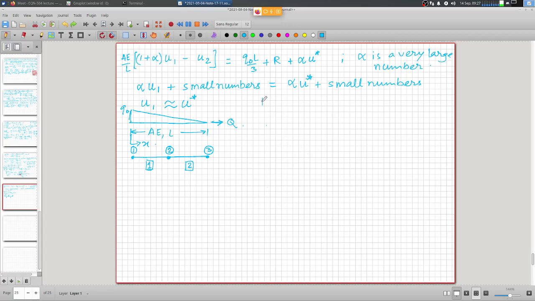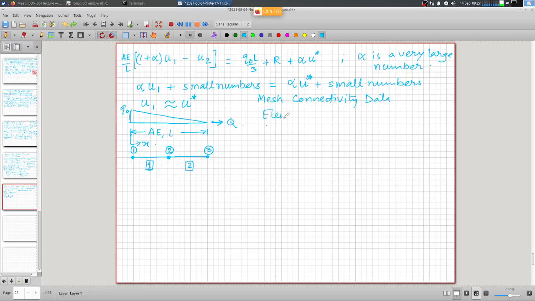So we have a connectivity array, mesh connectivity data.